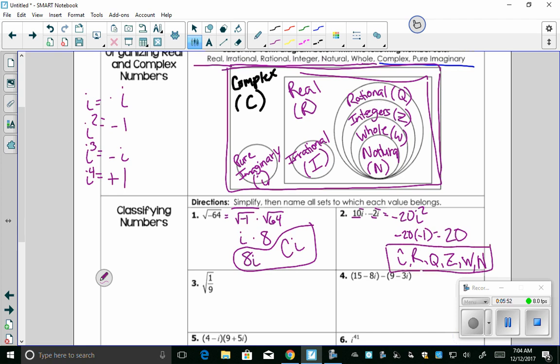So remember, natural is 1, 2, 3, and so forth. Whole is 0, 1, 2, 3. Integers is negative 2, negative 1, 0, 1, and so forth.